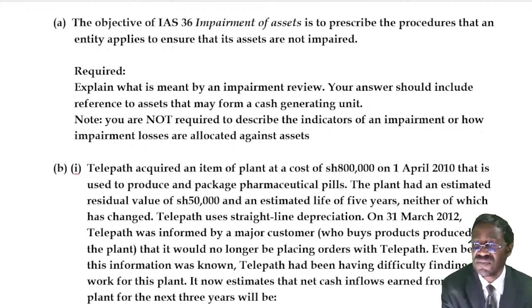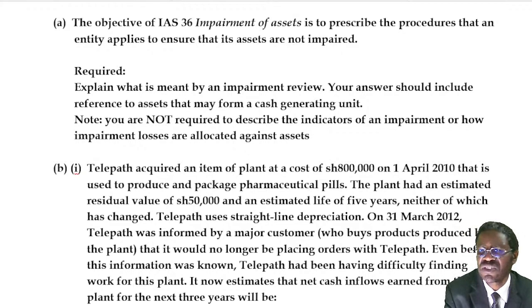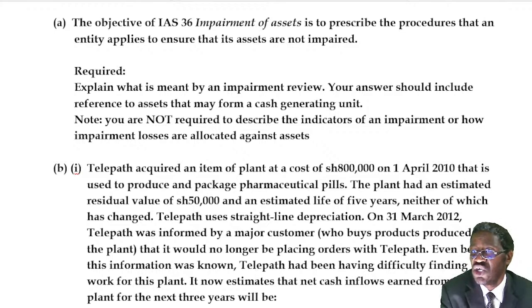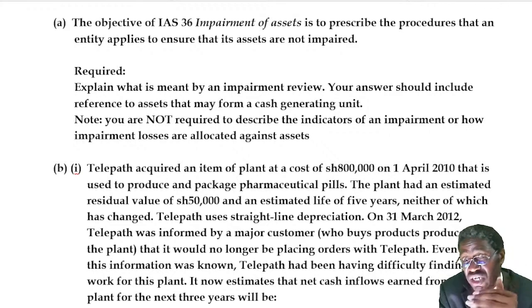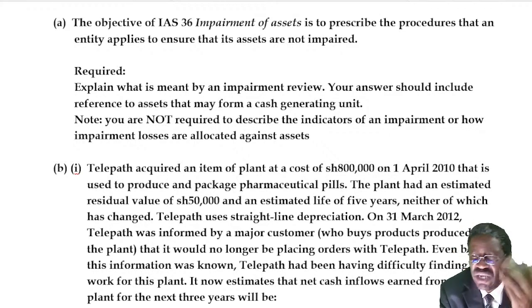It says, explain what is meant by impairment review. That one we have already said. Your answer should include reference to assets that may form a cash generating unit. The other part they have told you, do not describe indicators. But part 1 of that question says your reference should include assets to a cash generating unit.